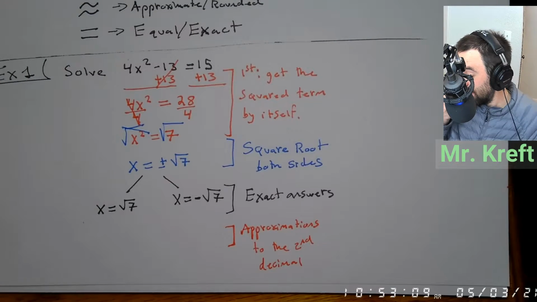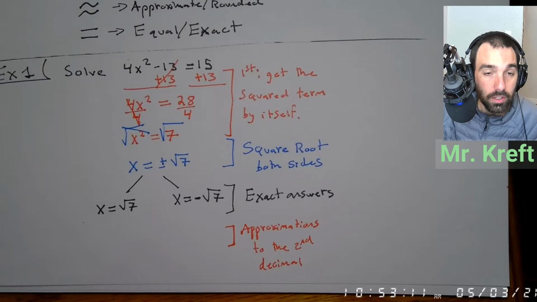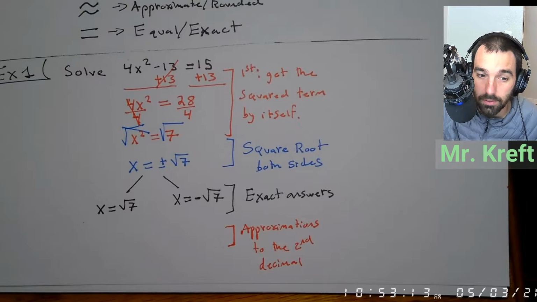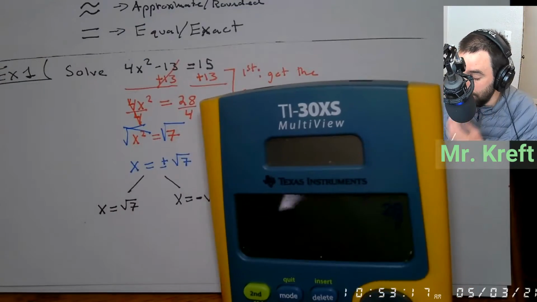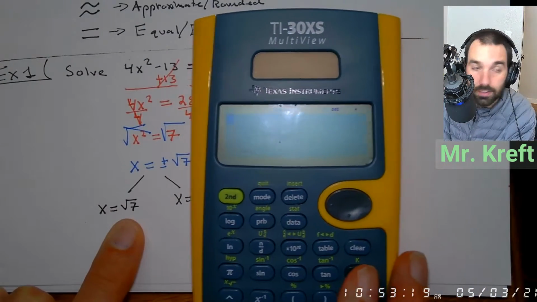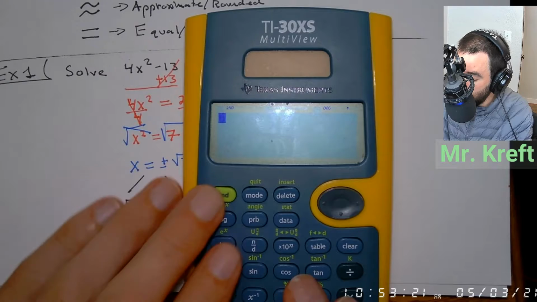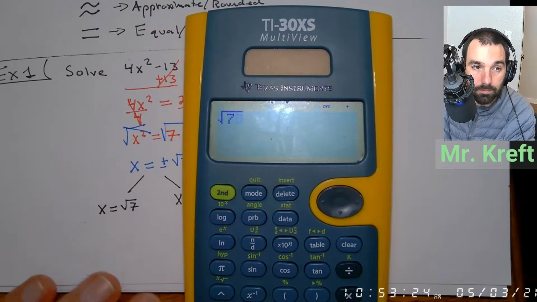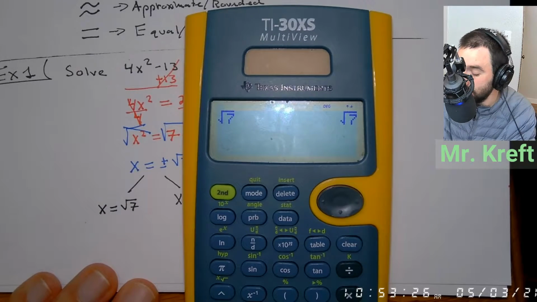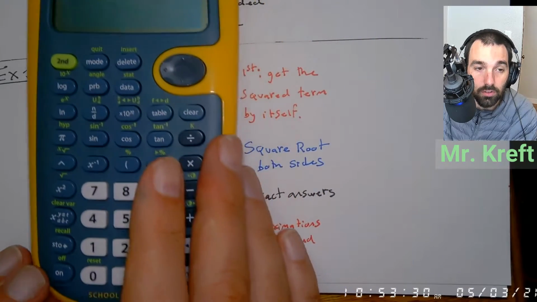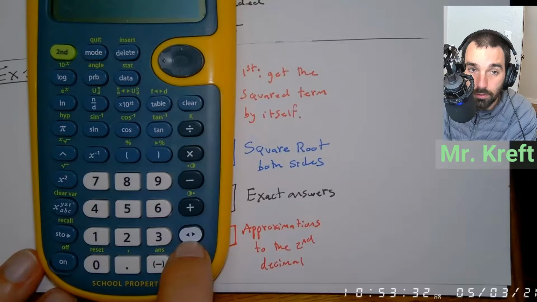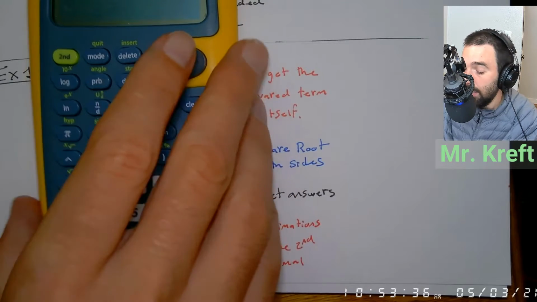So what we need to do is use a calculator, whether you're using a physical calculator or the calculator on Desmos. We're going to type this in just like it is: square root of 7. If the calculator just gives you an exact answer, there are a couple of different ways to get a decimal. If you're using a physical calculator, you want to hit this double arrow button.